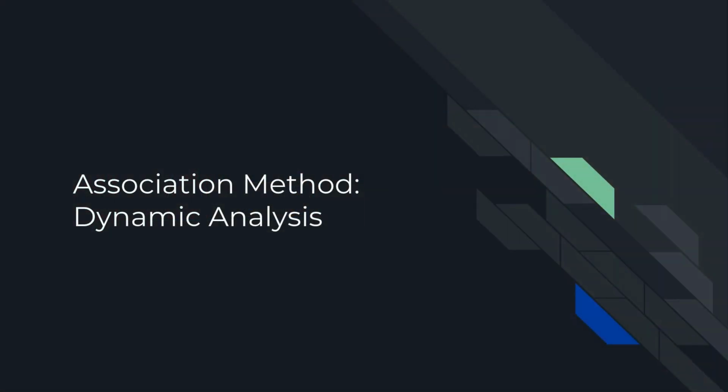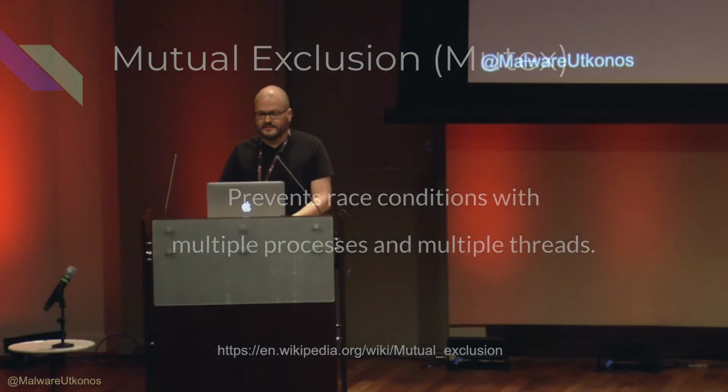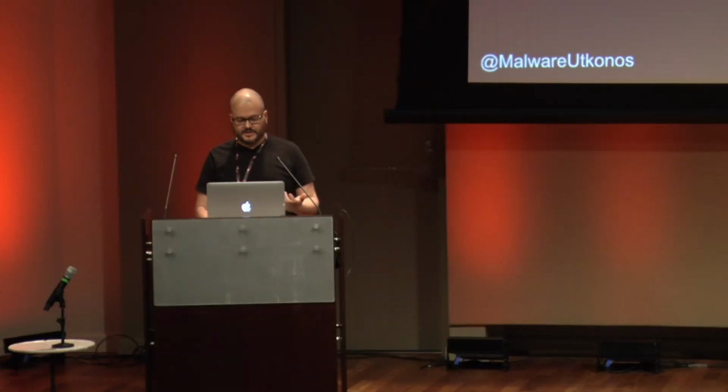Now I want to fast forward to dynamic analysis. I know there's a lot more to cover in static analysis, but this talk is not actually about static analysis; it's more about gathering the data and what you do with it. From the dynamic analysis end, you have a mutex, or mutual exclusion. In the good software world, it prevents a race condition when you have multiple processes. One creates a mutex, and the other looks for it, and if it finds it, won't do what it was going to do.